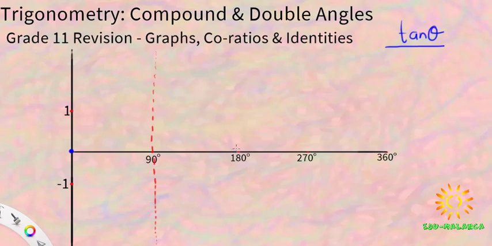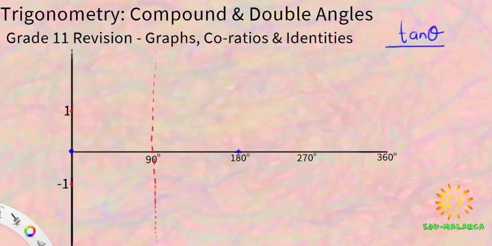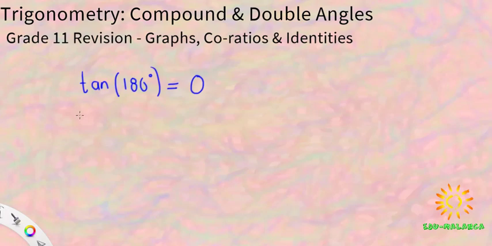Let's check now the tangent of 180 degrees. We're going to put into our calculator tan of 180 degrees, and we're going to find that it's equal to 0 again. So we come to 180 and we have 0. Let's check the tangent of 270 degrees. We'll put this into our calculators again, and we're going to find undefined again.